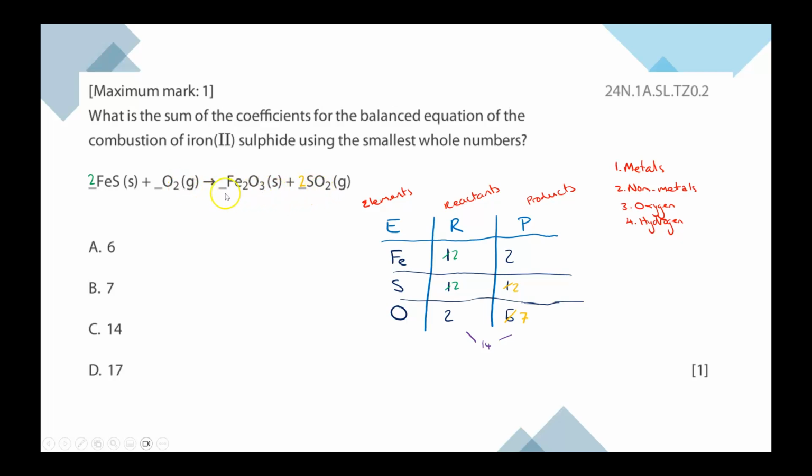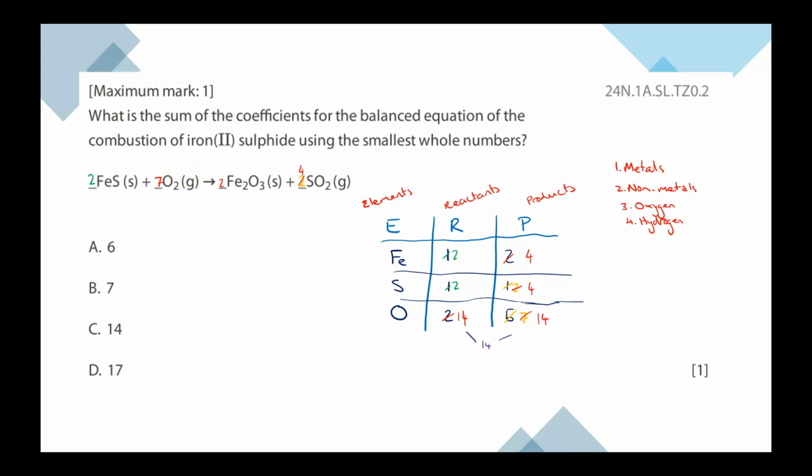But here we need to make a choice. We can multiply the sulfurs, or we can multiply the oxygens, but it's not straightforward. I'll show you why. If we multiply this one by 2, that gets us to 6. And then we put 8 there, so multiply that. That's going to get us our 14. We couldn't just do that, because as we change this, we're going to have to change this again, and so on and so on.